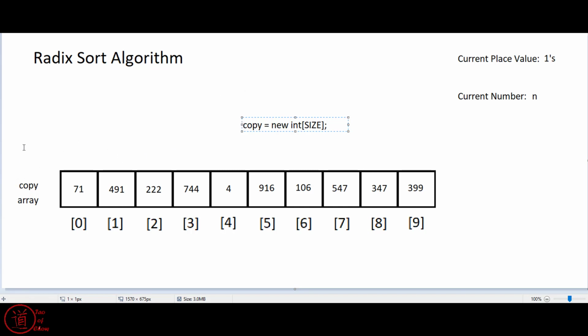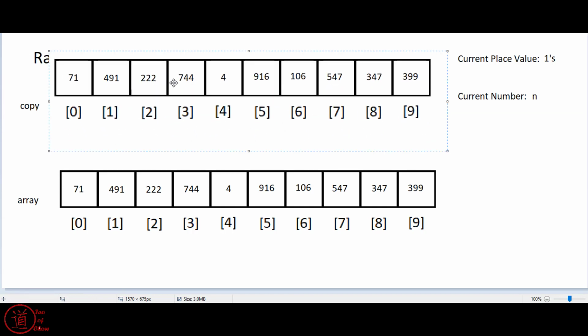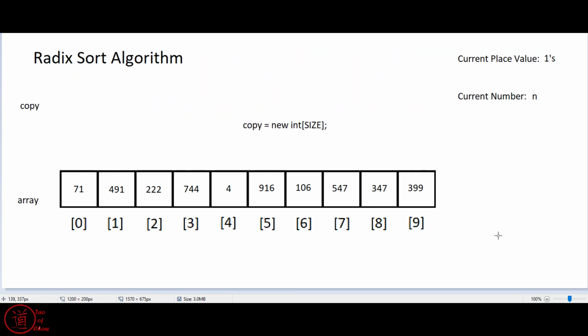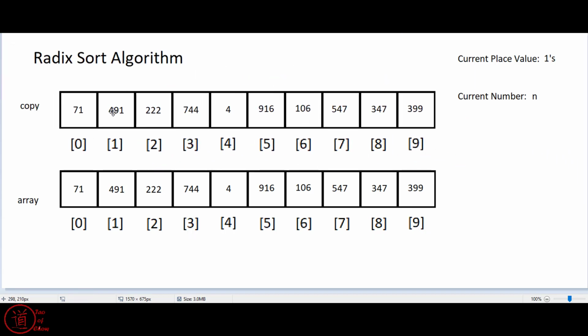And what would happen then is the copy would get reassigned back to a new empty array. Right, something like this. So back to a new empty array. Now, I'm going to have to erase these arrays here, so just give me a second.